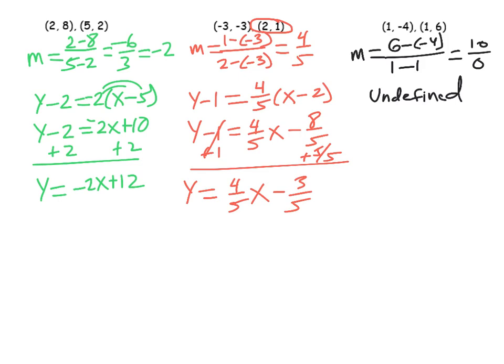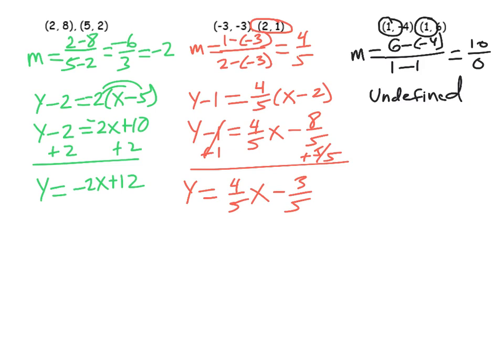This is kind of a weird case, right? It's not going to work out like these other two where you just get a nice y equals mx plus b, and you can see your y-intercept and your slope, right? Because the slope doesn't have a number when it's vertical, because I end up dividing by 0, okay? What you need to do is look and see what's my x-coordinate.